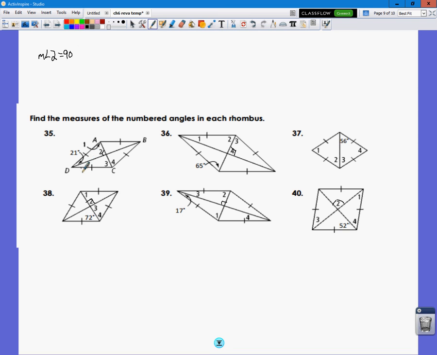The diagonals of a rhombus bisect opposite angles. So in number 35, this is 21. This would be 21. This piece would be 21. This would also be 21. Whatever 3 is, 4 would be the same, 1 would be the same, and so would the other angle on the other side of 1. So most of the time this boils down to the fact that you can look at a triangle.